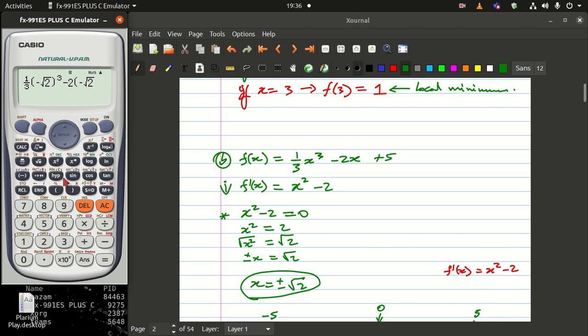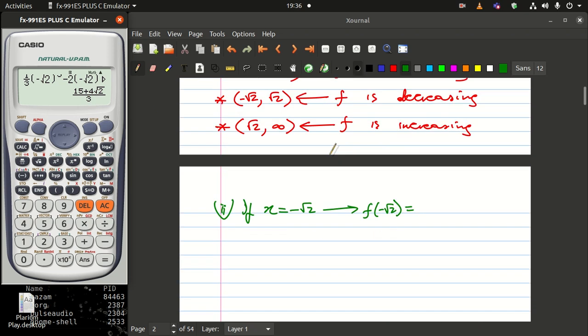And then after that you can close, and then you add this 5 here, so we have a plus 5 there. So the answer we're getting here is 15 plus 4 root 2 all over 3. So that is the answer that we're getting.